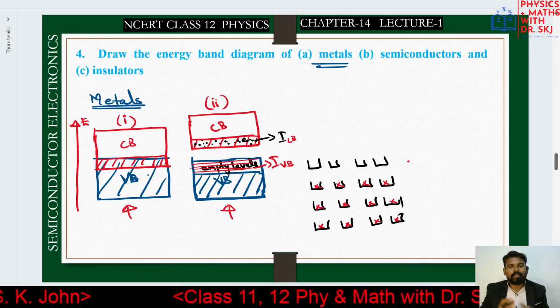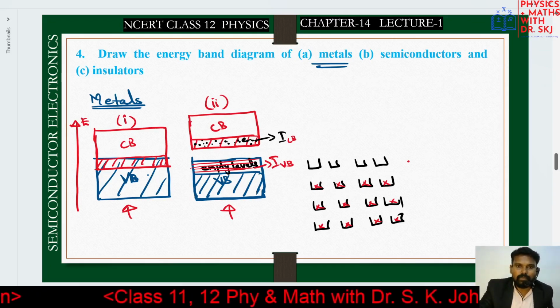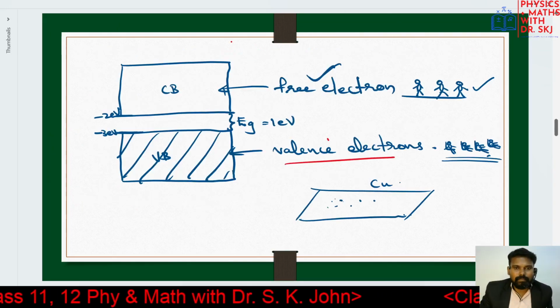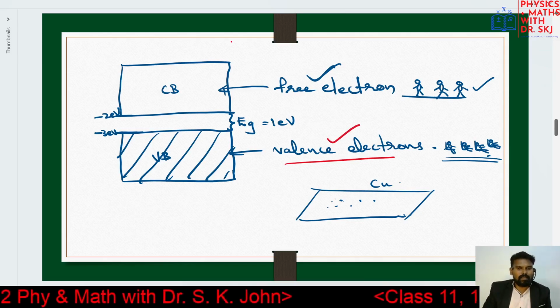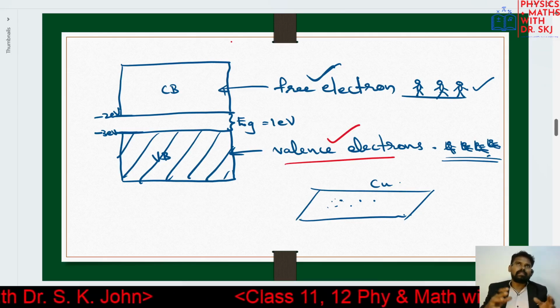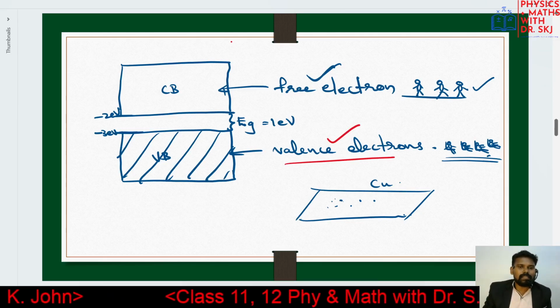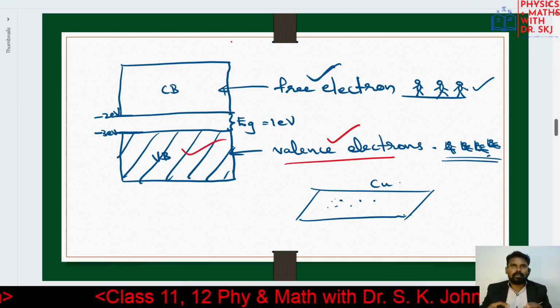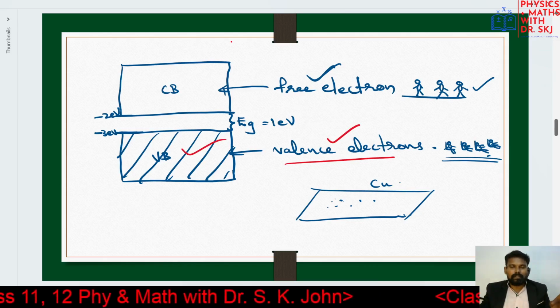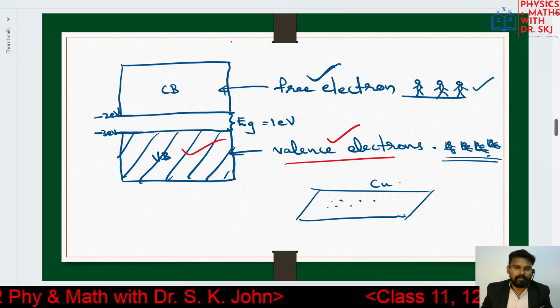I think the idea is clear to you. Usually when you think of the valence band and conduction band, you can think of the valence band as the energy of the electrons which are in bonding. Bonding means that in a solid, the atoms attract each other.